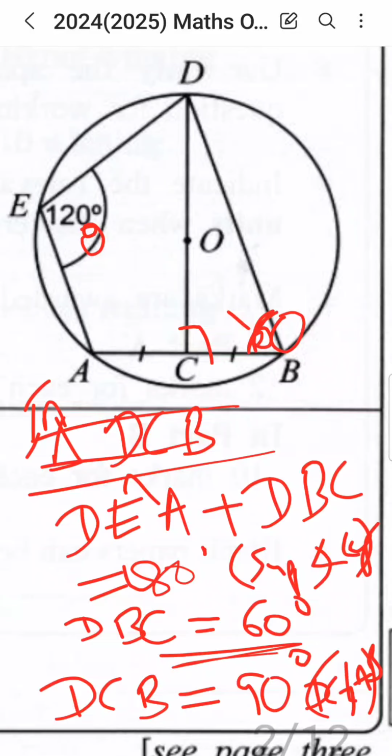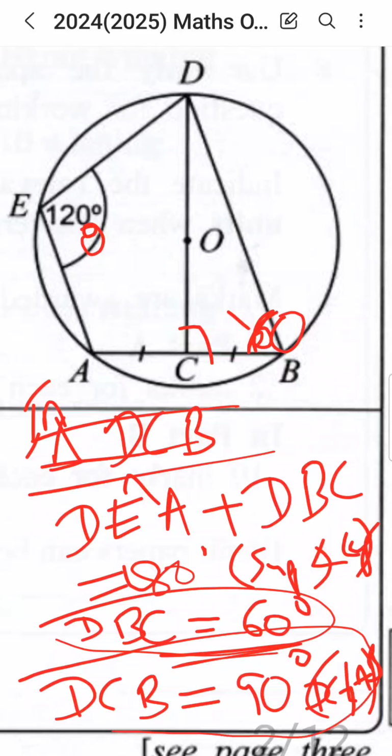So in the triangle DCB, DBC is 60 and DCB is 90. So the angle CDB, which is the one they are asking you to find.